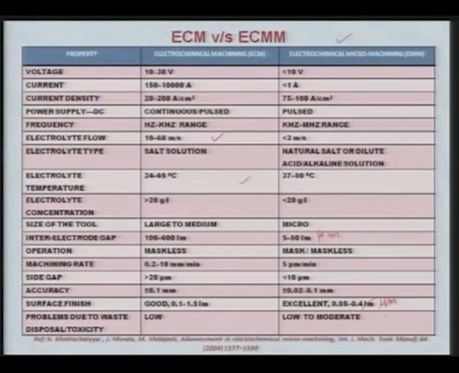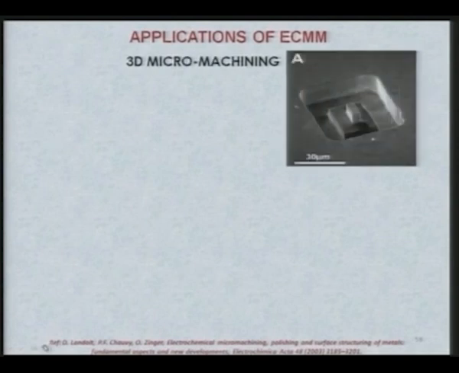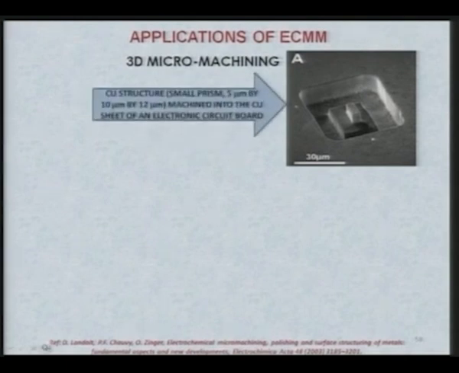So, one has to be very careful in selecting the machining parameters in electrochemical micro machining, otherwise your workpiece may get damaged. Let us see some of the applications of electrochemical micro machining. Here you can see an example of 3D electrochemical micro machining, where you can see the portion has been milled and some projections are there.